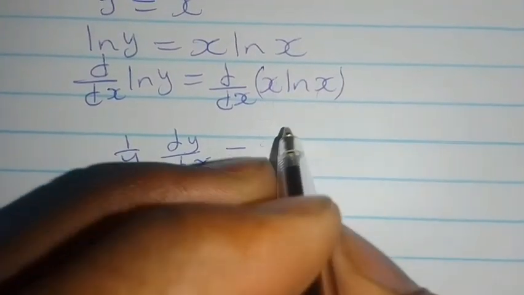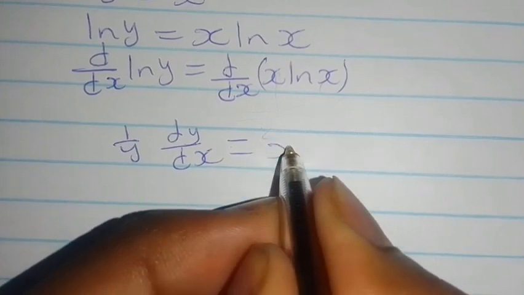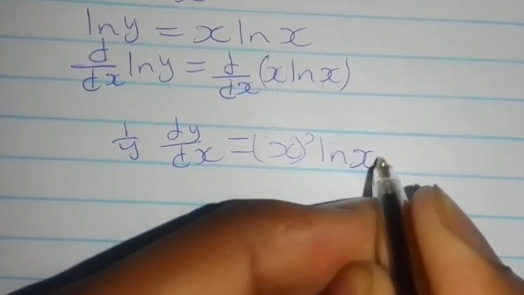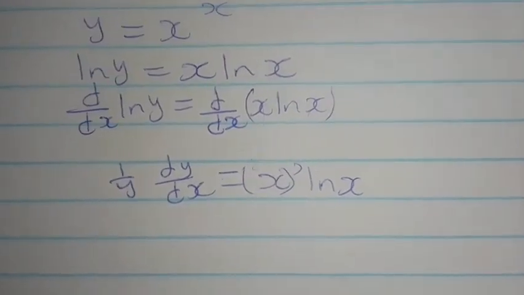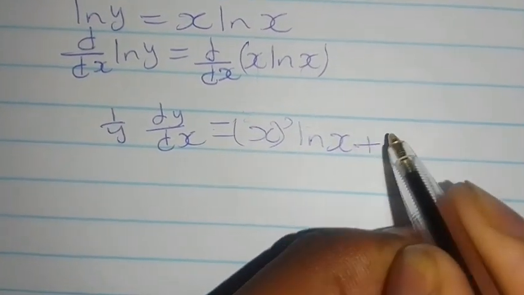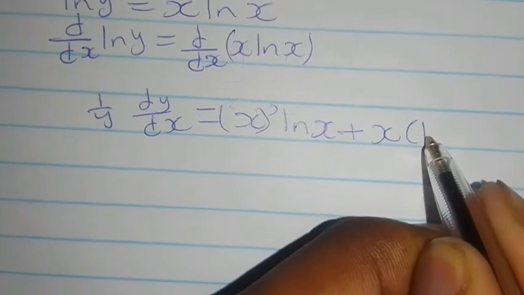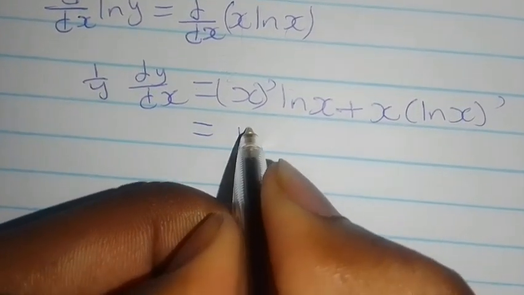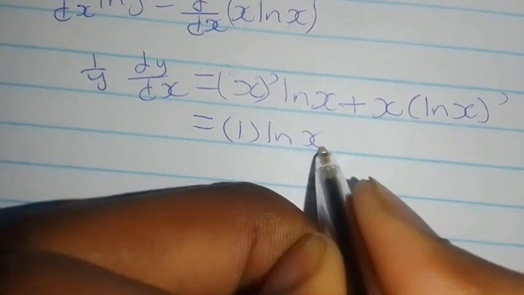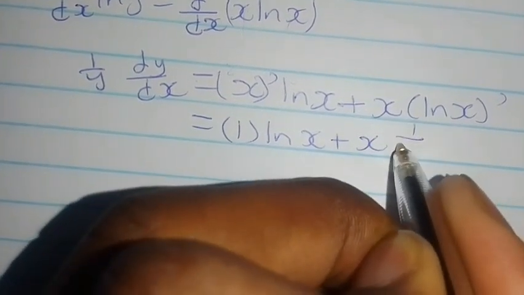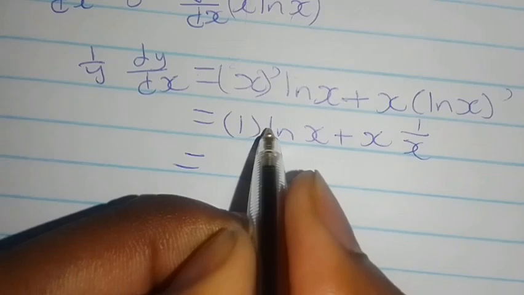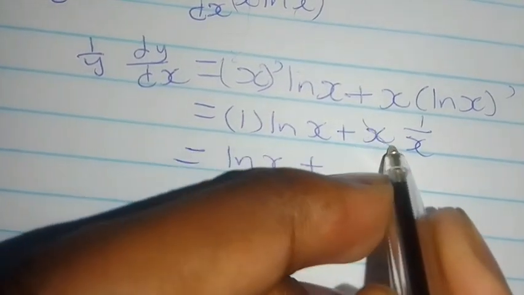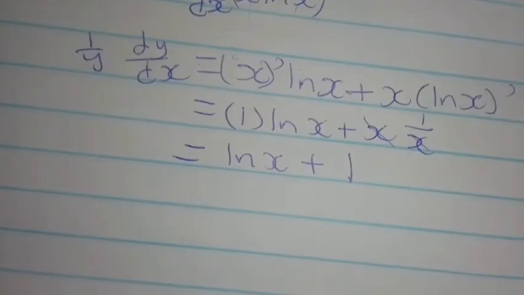If I'm differentiating f times g, I can use this formula. Apply it here: this is x prime multiplied by the natural log of x plus x multiplied by the natural log of x prime. So this is gonna be 1 times the natural log of x plus x multiplied by 1 over x. This x will cancel this one and you'll be left with 1.